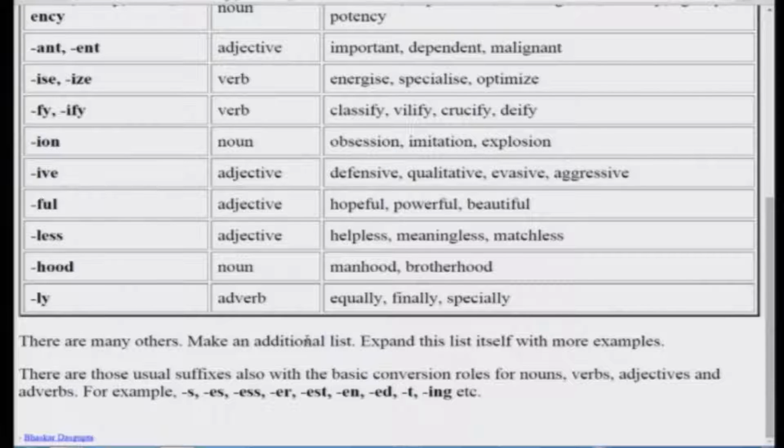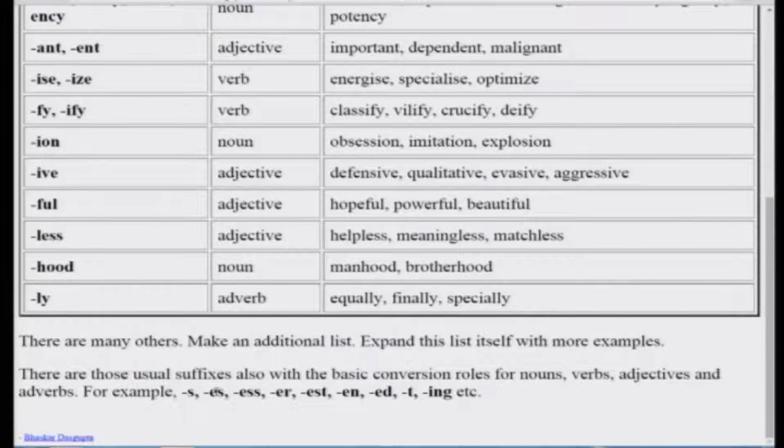Okay? And of course, apart from these and others that you collect, there are those usual suffixes about which we did not spend much time, and they are the ones which have the basic conversion rules among nouns, verbs, adjectives, adverbs. Okay?